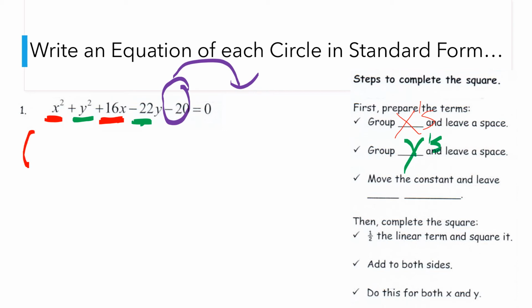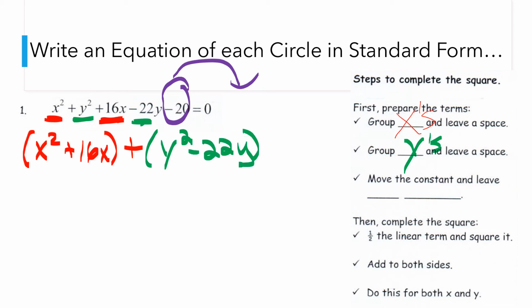So for my x's together, I want x squared plus 16x together. Then it's a plus. Then I want my y's together. My y's are y squared minus 22y. And then again, the last thing I want to do is move that 20. So to move a minus 20, I add 20. So it would be 20 on this side of the equation now.